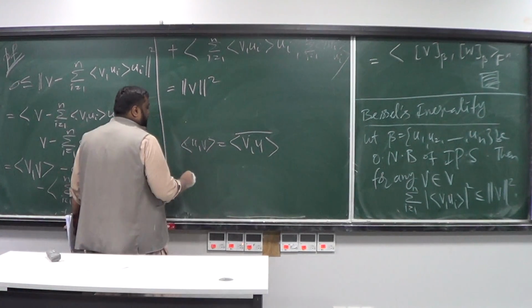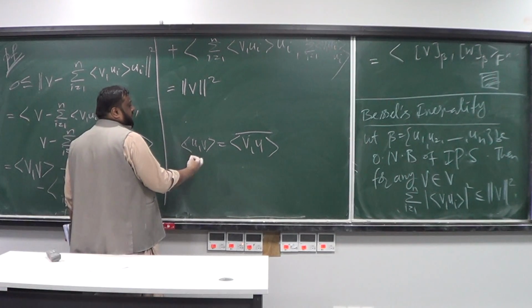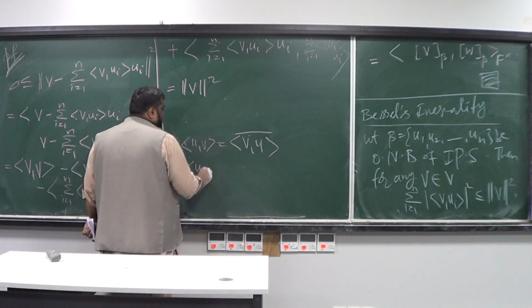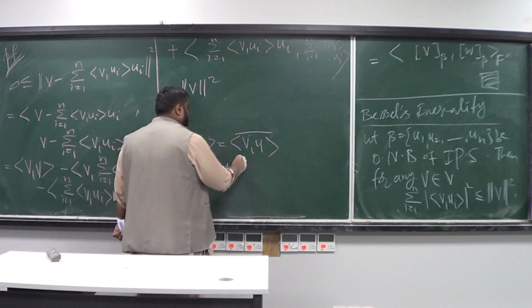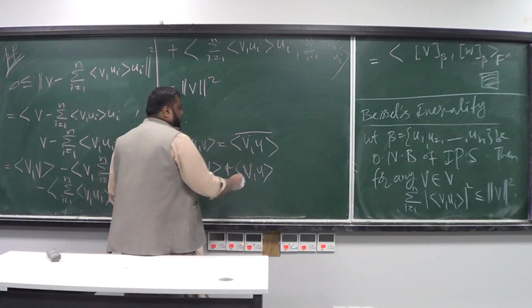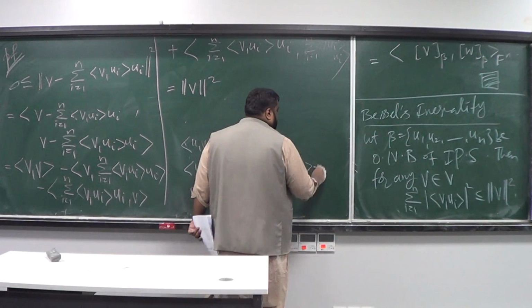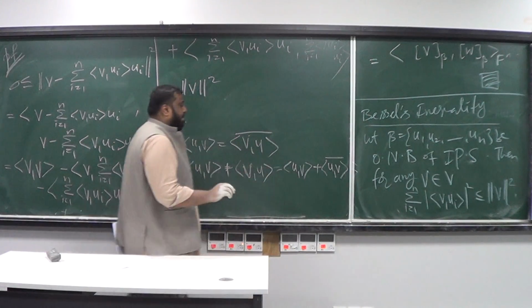So this is one of the basic consequences of the definition of the inner product. If you take (u, v) and add (v, u) to it, then this is the same as taking (u, v) and adding the conjugate of (u, v) to it.